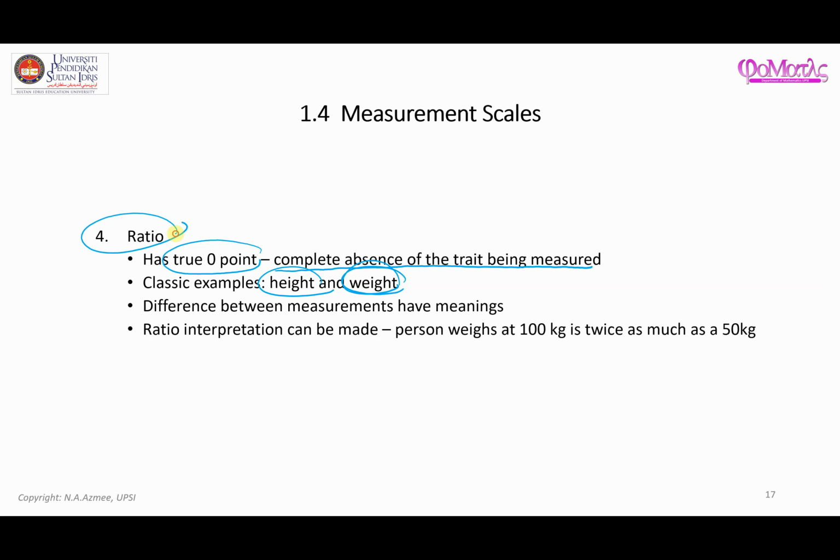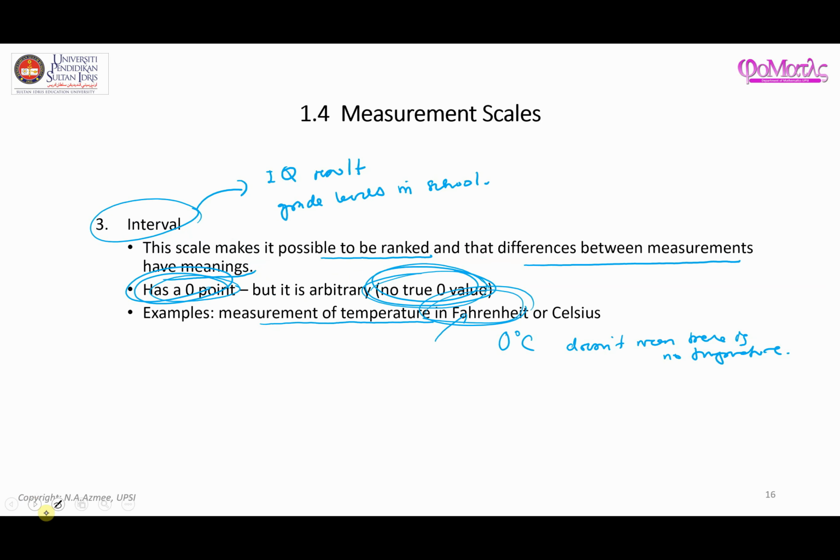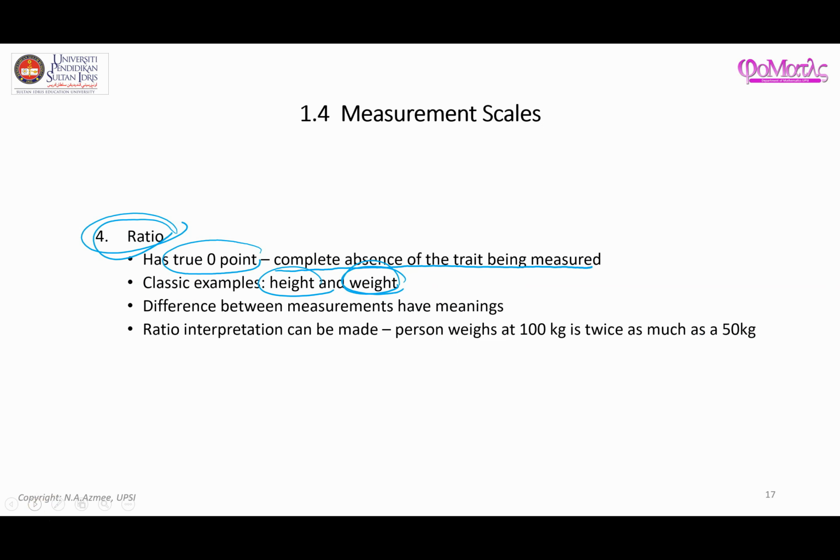This is an example of a ratio measurement. Another example, if you want to compare with the interval measurement scale: if you measure the temperature in Kelvin, this is an example of ratio measurement, because when you have 0 K, this totally indicates the absence of temperature, really.